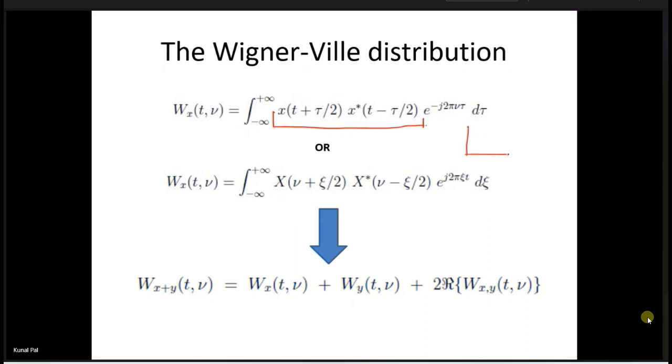The physical significance is that suppose you have a signal and a point t, where tau is a dummy time variable.